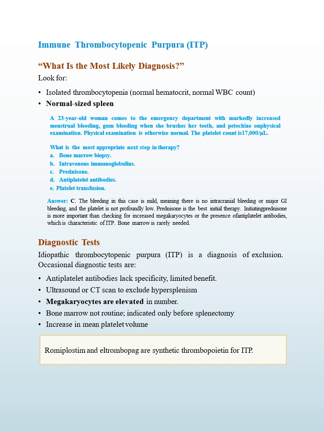Number 2, we can do ultrasound or CT scan, which will exclude hypersplenism. Number 3, megakaryocytes are elevated in numbers. Number 4, bone marrow is not a routine test. It's only indicated before splenectomy. And number 5, we'll see elevated mean platelet volume.